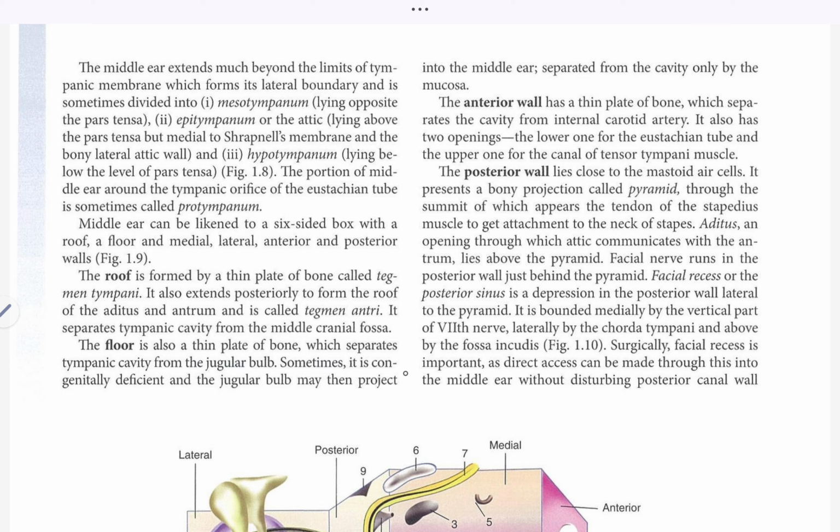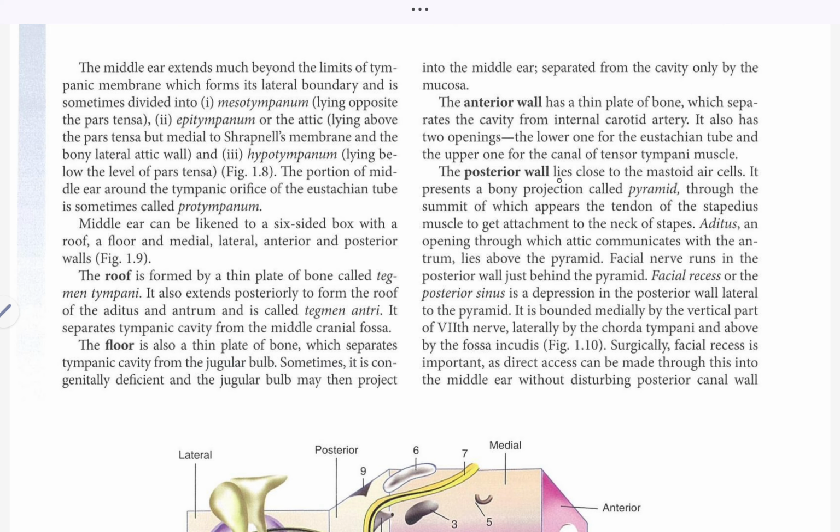Sometimes it is congenitally deficient and the jugular bulb may then project into the middle ear, separated from the cavity only by the mucosa. The anterior wall has a thin plate of bone which separates the cavity from the internal carotid artery. It also has two openings, the lower one for the eustachian tube and the upper one for the canal of tensor tympani muscle.